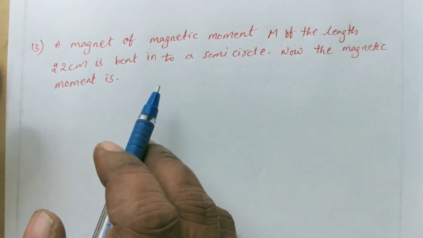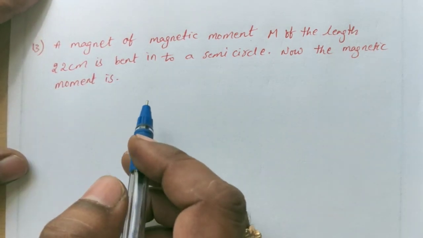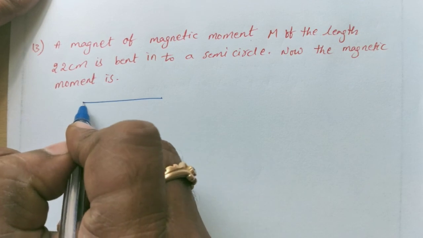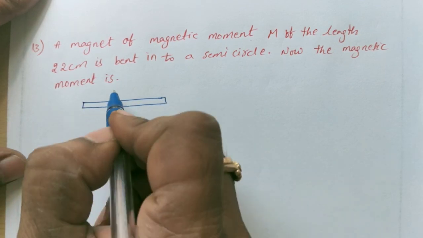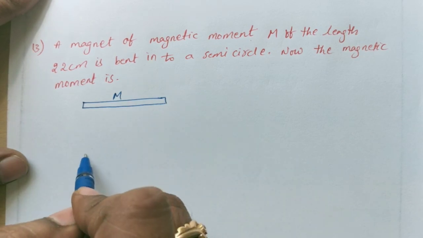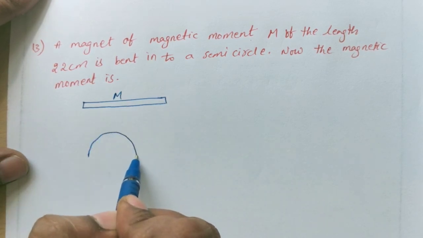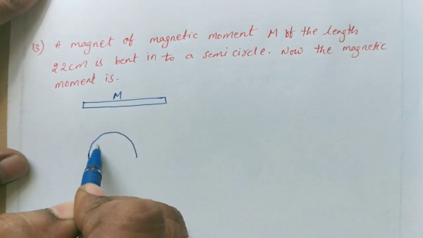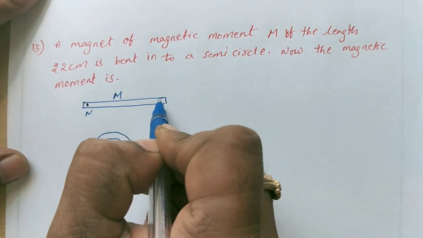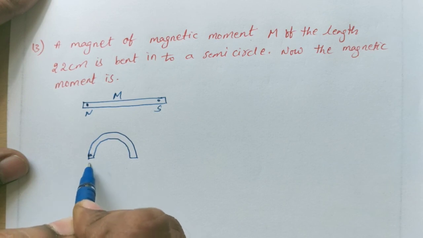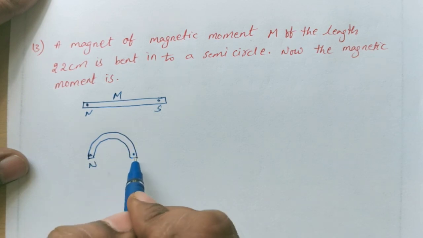Observe carefully: initially one bar magnet is present with magnetic moment m. Now this is bent in this way. Let this be the north pole and this one the south pole.